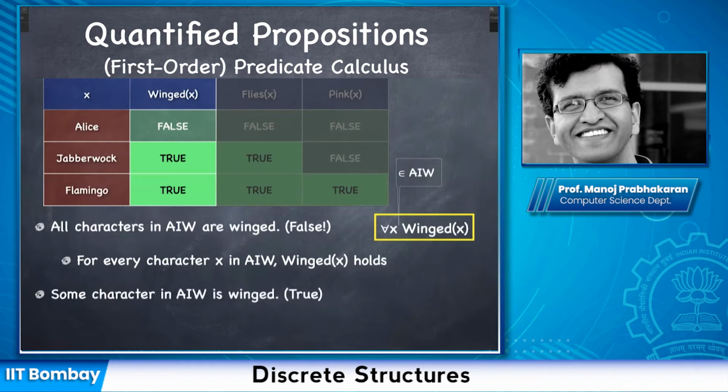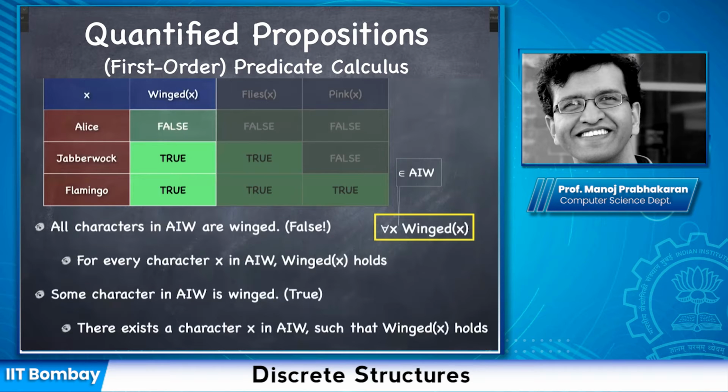Okay, the second kind of statement we can make are of the form, some character in Alice in Wonderland is winged. Okay. This happens to be a true statement because there are some characters. Or put another way, I'm saying there exists a character X such that winged X holds.